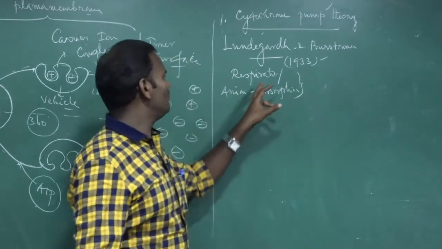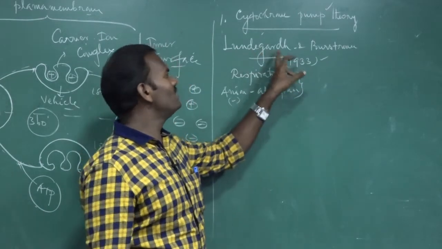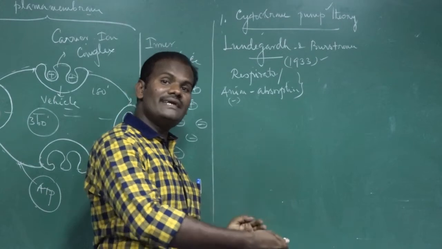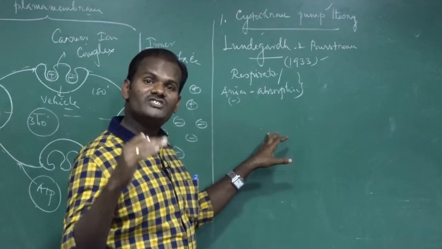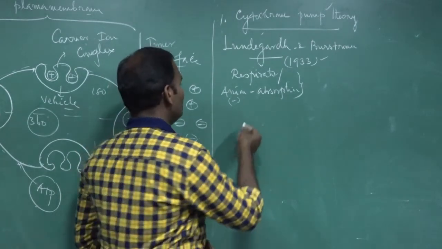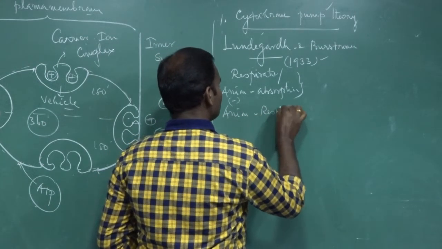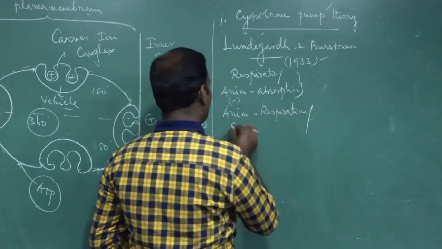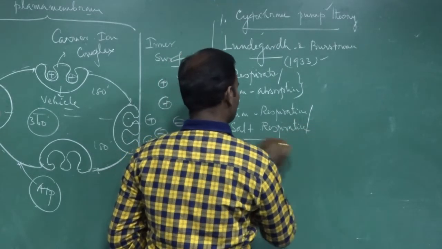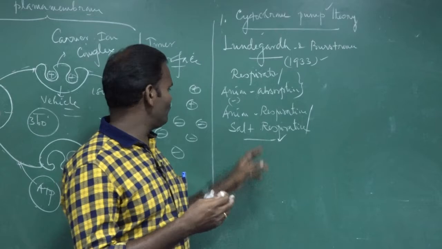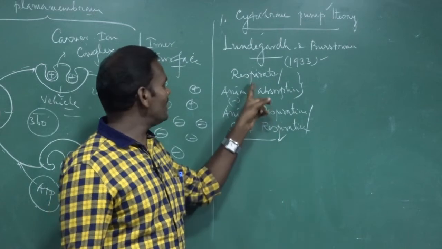So what are the correlations between respiration and anion absorption? I mean negatively charged ion absorption, as observed by Lundegardh: when the plant is transferred from water to the salt solution, the rate of respiration increases.